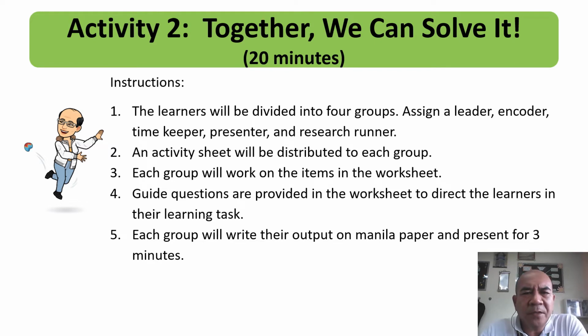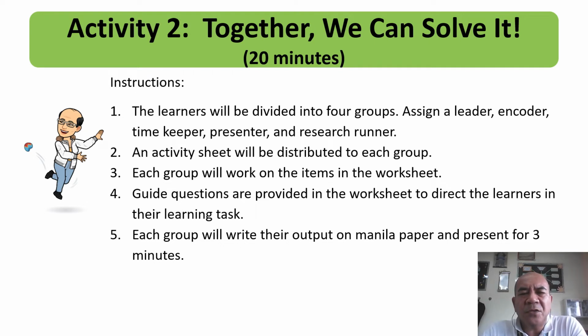Let's come to activity 2. Together we can solve it. In 20 minutes, you're going to solve this one. The instructions are: number 1, the learners will be divided into 4 groups, assigning a leader, encoder, timekeeper, presenter, and research runner.